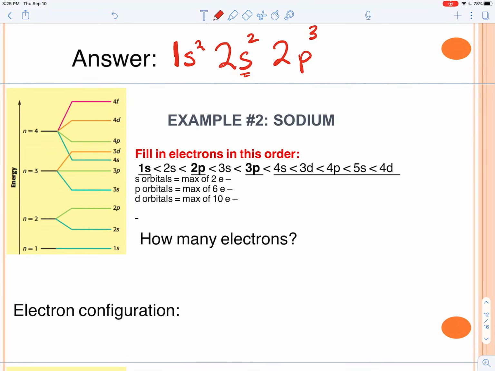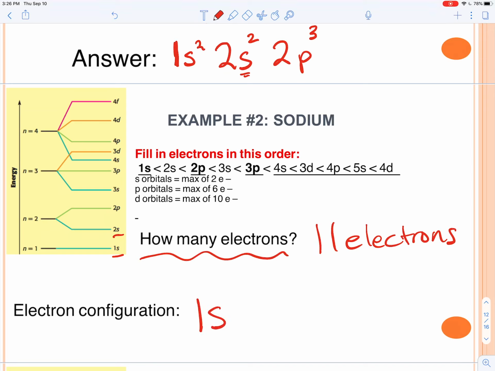So sodium, first thing you want to figure out, how many electrons? 11 electrons. So again, we're just filling up the lower levels of energy first before we continue on. So we always start with 1s2. Again, 2 is the max you can have in an s orbital. 2s2, because 2 is the most you can have in an s orbital.